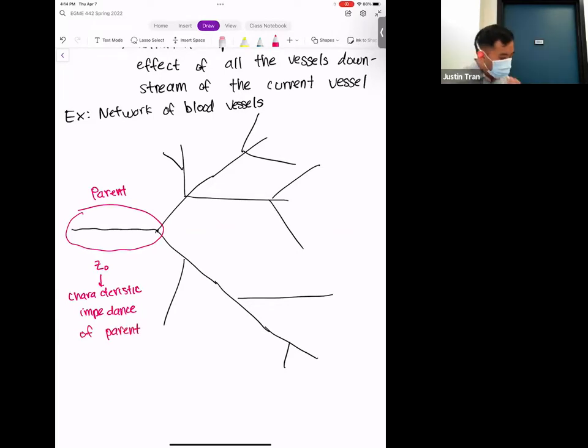One way that you can interpret this is as the blood flows through that parent vessel, or in other words, as it goes from the front end to the back end, the amount of impedance or the amount of resistance to flow that it experiences can be captured by Z naught.